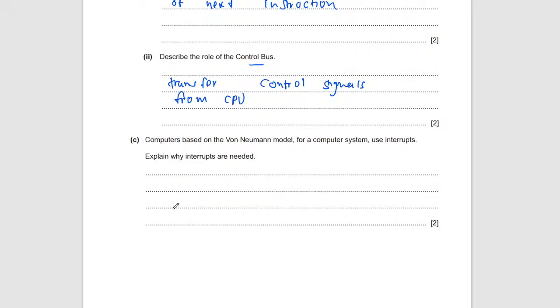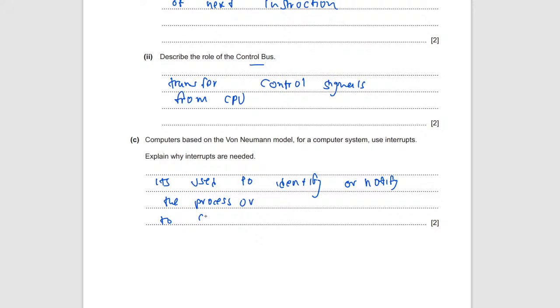Computers based on the von Neumann model for a computer system use interrupts. Why are interrupts needed? An interrupt is basically a signal, used to identify or notify the processor so that it can stop whatever it's doing and do the following.